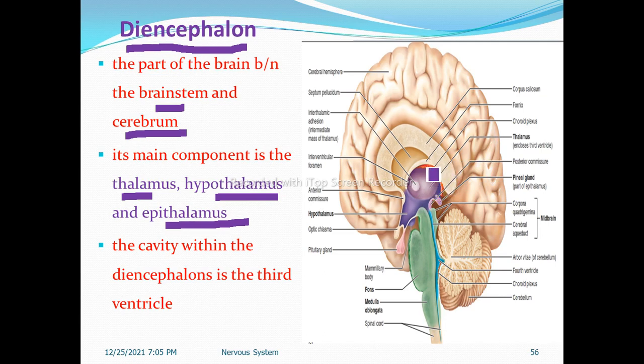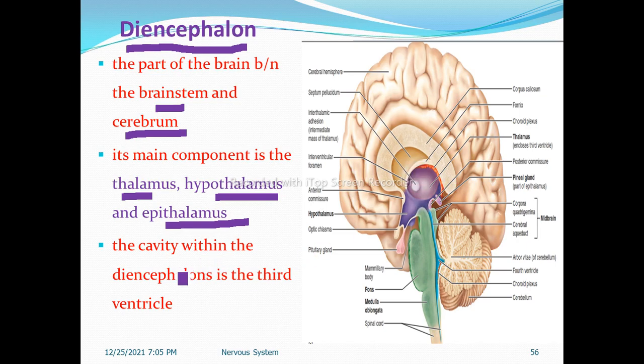This is choroid plexus, which secretes cerebrospinal fluid. This is fornix. This is corpus callosum, and this is cerebral hemisphere. Septum pellucidum is this one, and interventricular foramen is this one. Interventricular foramen means a foramen which connects the third ventricle with the lateral ventricle.